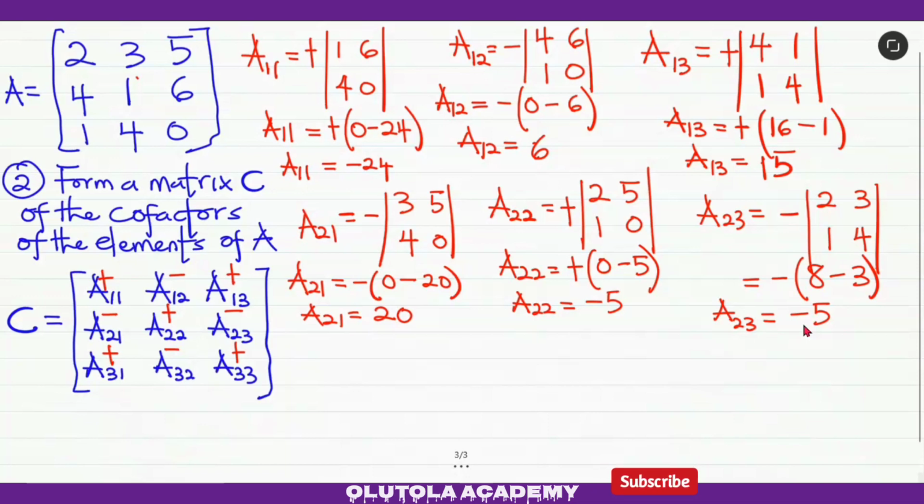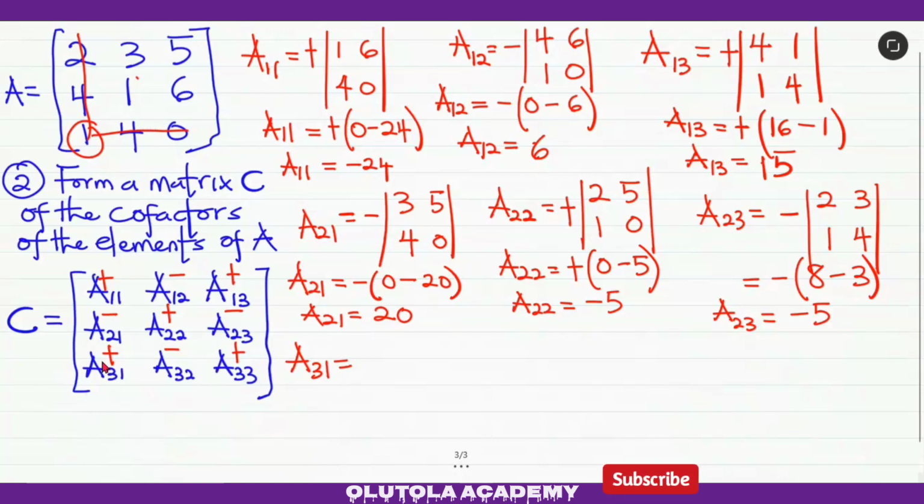So we do the last column now. A31, as we have here, is positive, so that's this. So I'll close this up and I'll close this up to get the cofactors.